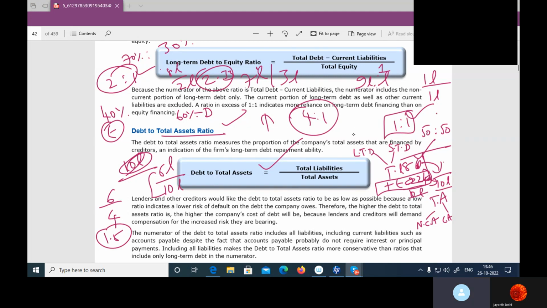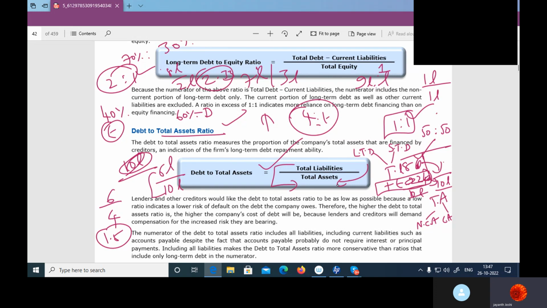So here also the ideal ratio should be 2:1. Yes, 2:1 is always the ideal ratio for debt to equity. Here we are seeing how the funding has happened. Your assets can be financed in two ways: one is your own contribution and one is from your creditors.